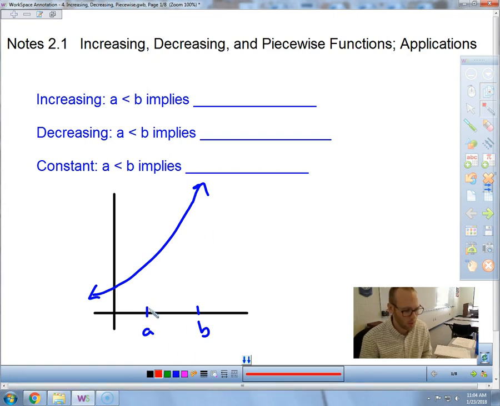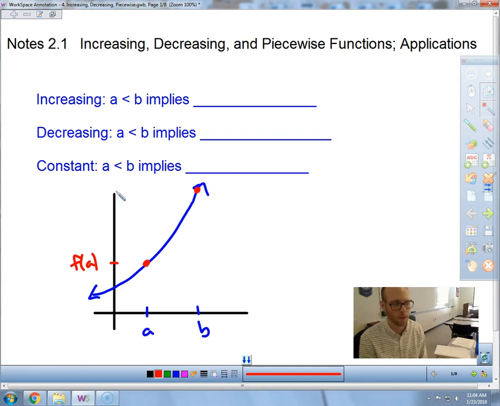Well, if I take a look here at a, that is the y value of the function. And what do we call the y value of the function at a? That's f of a, right? We put a into the function, we get out f of a, the y value.